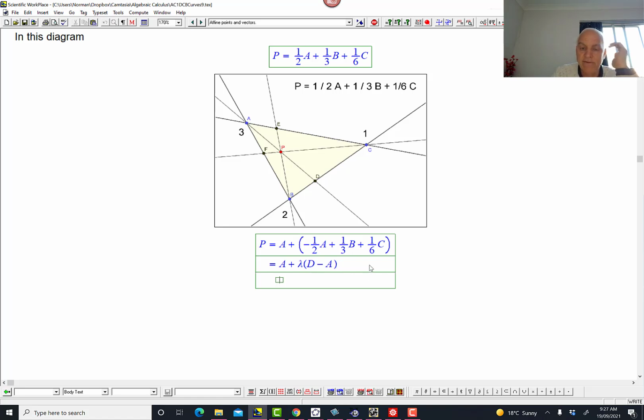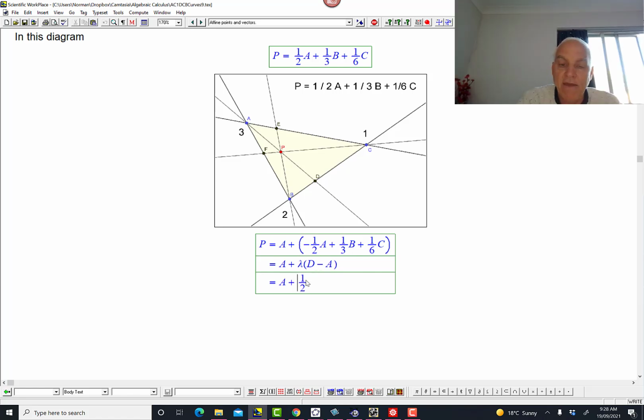Okay, so how do I make these things match up? Well, altogether there's going to be a total of a half of A. So I've got an A here, so I better put a plus half in front of this D minus A. Then the total A will be 1/2 A, which is the same as this.